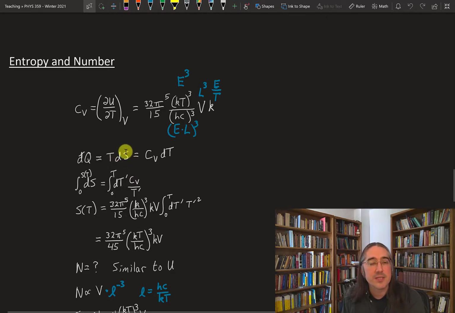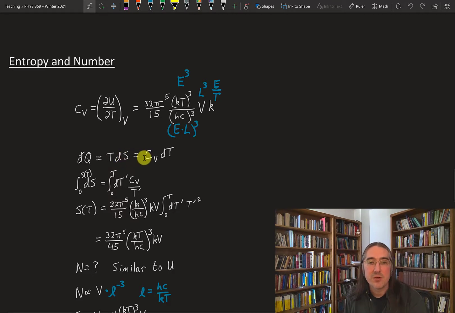Another way to say it is that the heat is the heat capacity times the infinitesimal change in temperature. Heat is a flow of energy into the system, and if it's at constant volume, there's no work being done on the system. So the total energy flow is the heat, which means the change in energy per unit temperature multiplied by dT gives us the heat. Let's forget about their names and just set them equal.